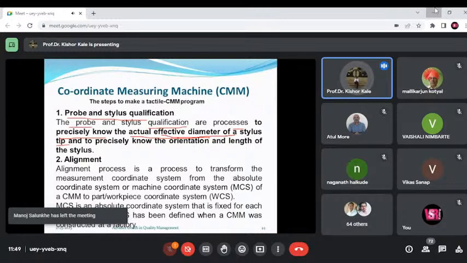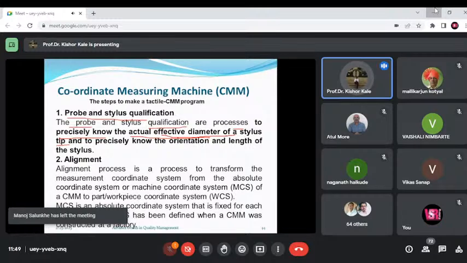When it reaches 0, 0, 0, this is defined in the industry where the CMM is manufactured, so it has a defined value. We call it the machine coordinate system, MCS, or absolute coordinate system, ACS. This is defined in the factory only, so one cannot change it. Its lower limits would be your MCS.